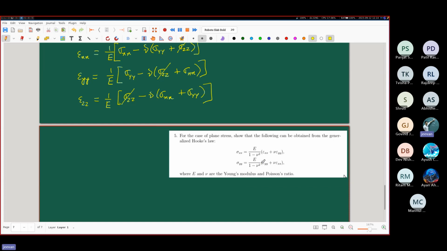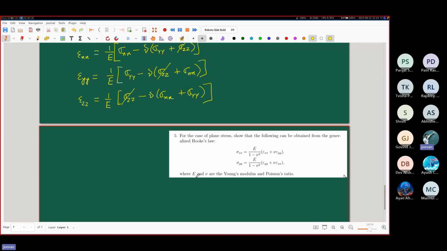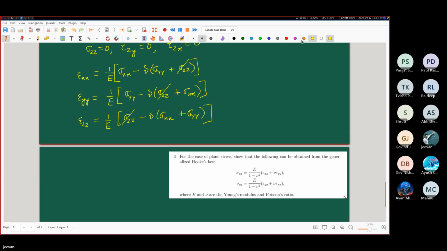Note that there is no involvement of the epsilon zz. That is like a standalone equation. It gives us some information, but what has been asked is actually to find out the sigma xx and the sigma yy. So if you look at equation 1 and equation 2, you can actually obtain the sigma xx and the sigma yy in terms of the epsilon xx and epsilon yy.